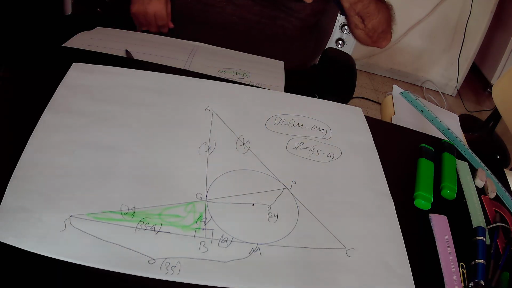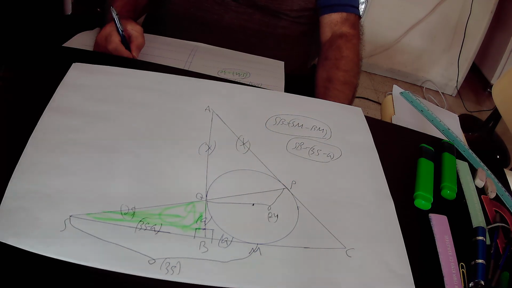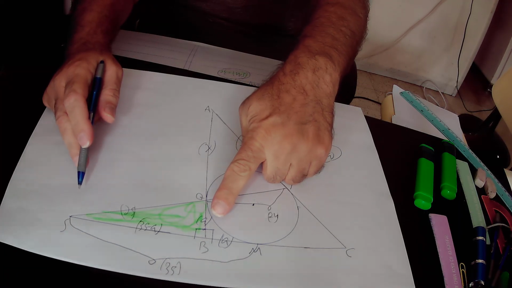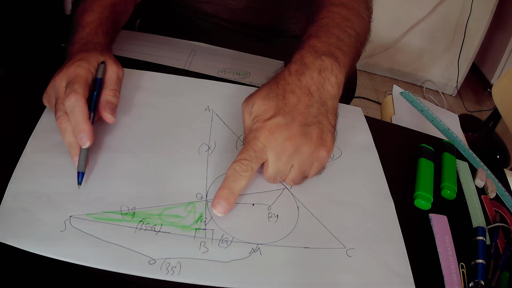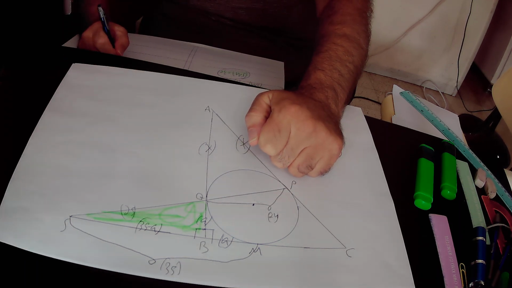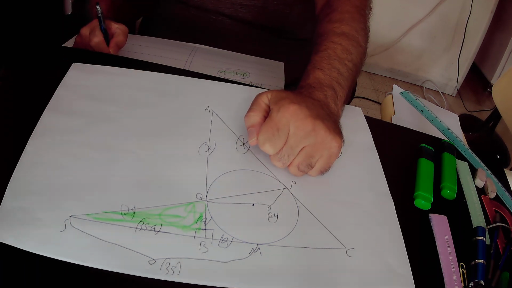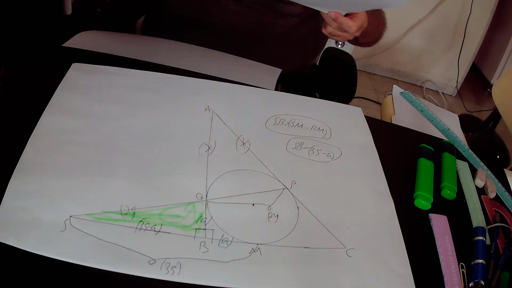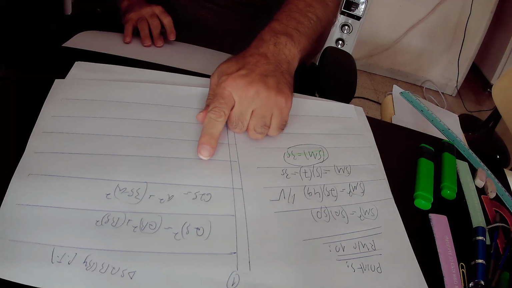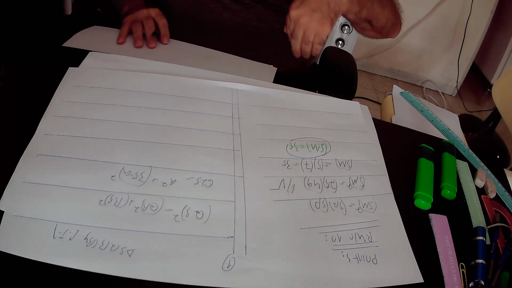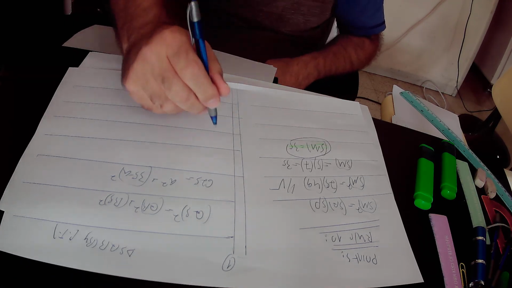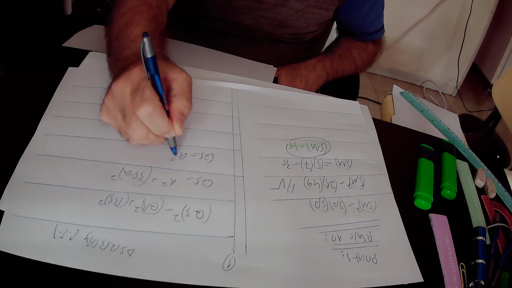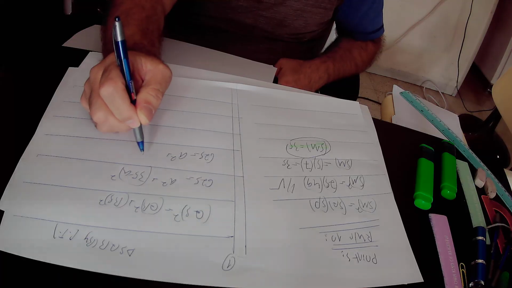QB is 8, therefore QB squared is 8 squared. BS is 35 minus 8, therefore BS squared is 35 minus 8 squared. So in total, 625 equals 8 squared plus 35 minus 8 squared.